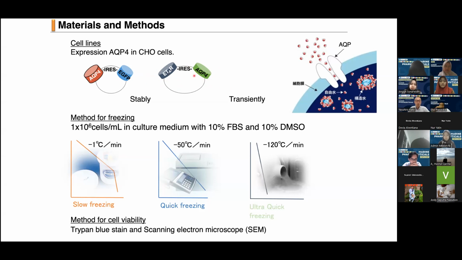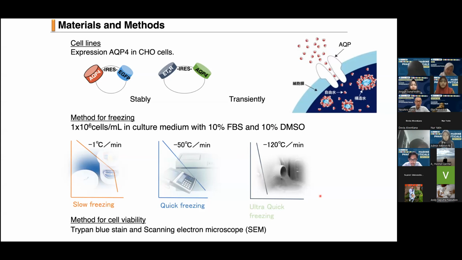These genes were expressed in CHO cells, and after expression the cells were screened using a freezing method. In most cases, the cells are slowly frozen, combined with a cell storage solution.